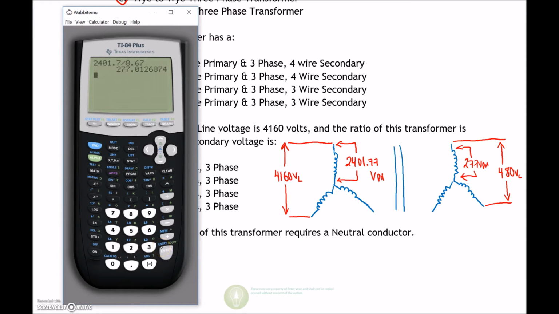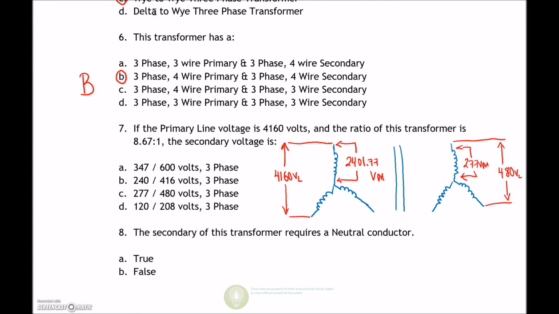And that gives us 277 volts. Beautiful. So we've just shown that we got the 480 based off of 4160. So 4160 divided by 8.67 gives us 480. 2401.77 divided by 8.67 gives us 277. So C is our final answer.